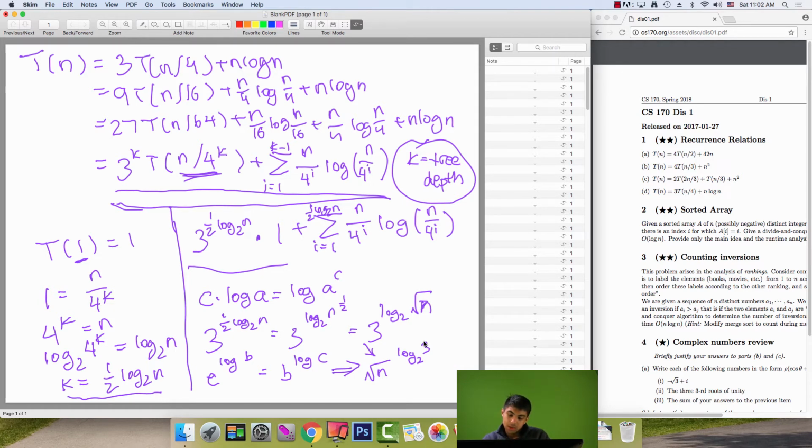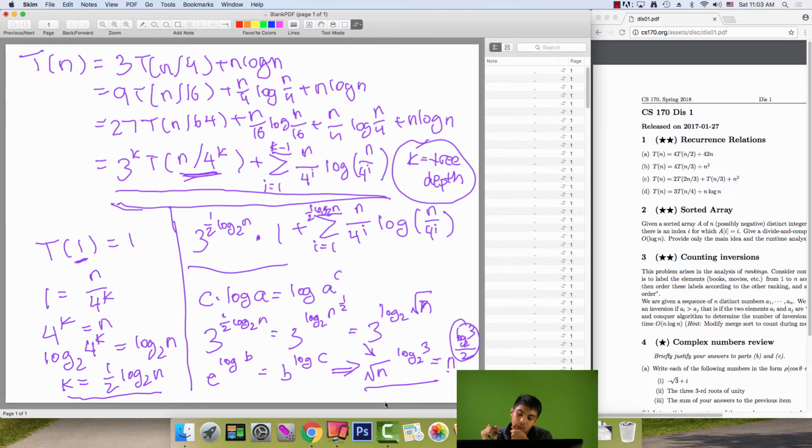And so yeah, we now have an expression for our first term. Expressing this in even simpler terms gives us n to the power of log base 2 of 3 over 2. Okay, so as you'll observe, the exponent here is less than 1.